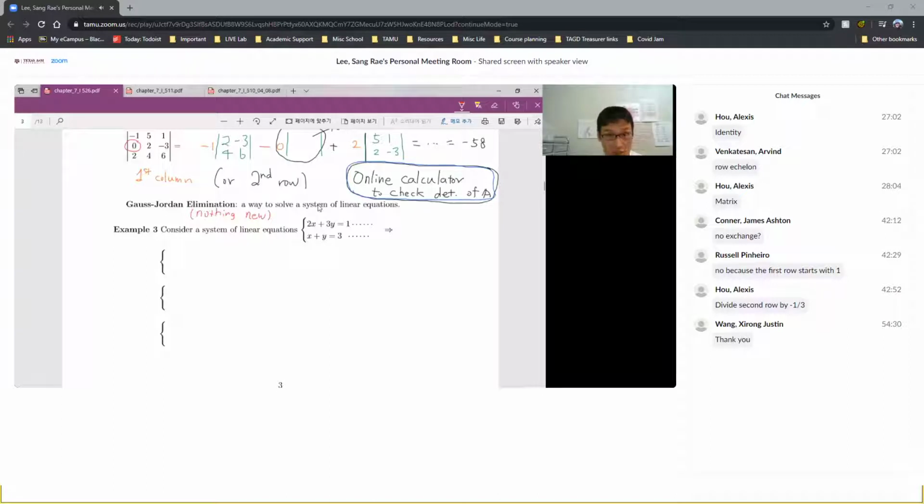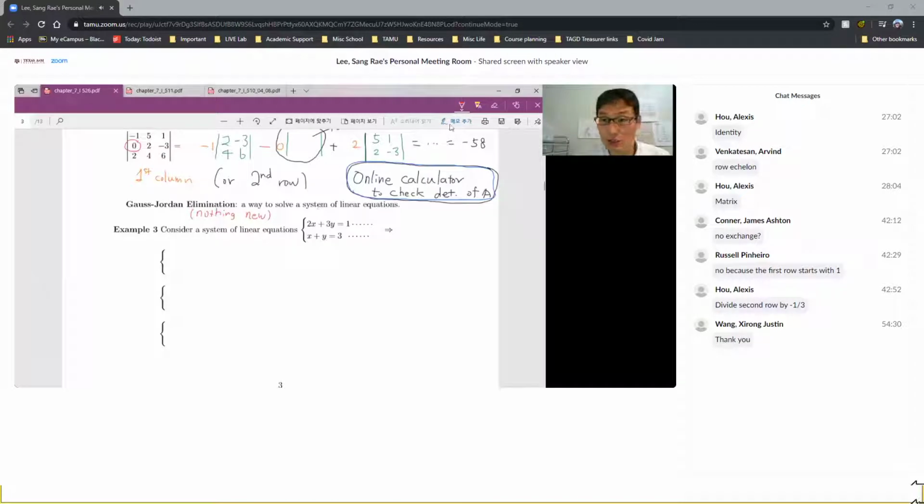The point is that if you work with system of linear equation for 3 unknowns, it may take long and tedious calculation. So you want to finish your calculation in a short and quick way. That's it. This is all about rewriting your calculation in a short and quick way. That's it. No new idea.